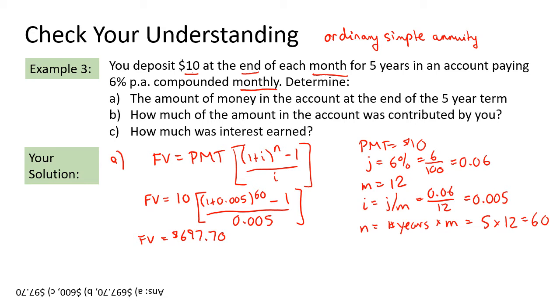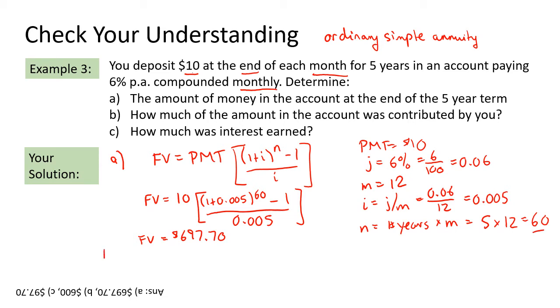All right, but part B says how much of the amount in the account was actually contributed by you. Okay, so stop and think. You're putting in $10 a month, right? For 5 years. In other words, we made 60 payments.